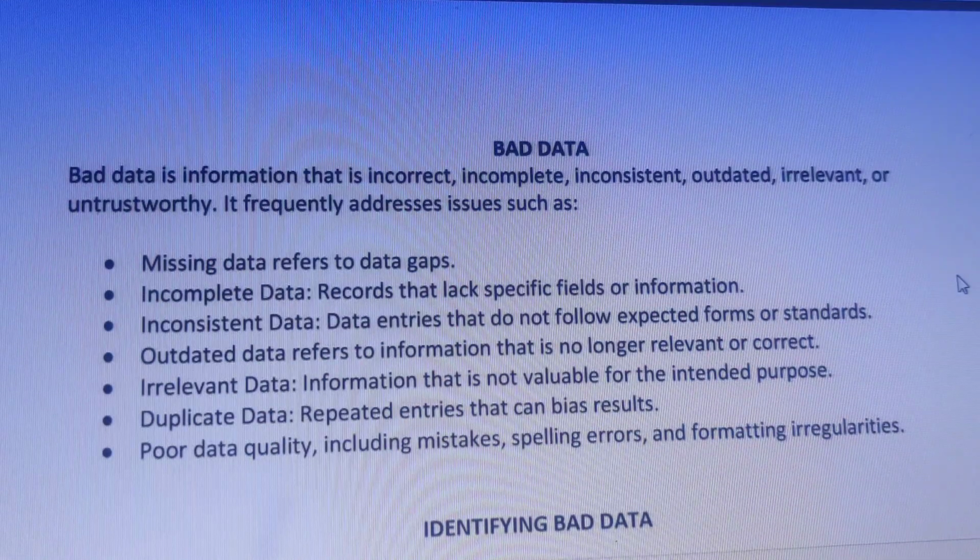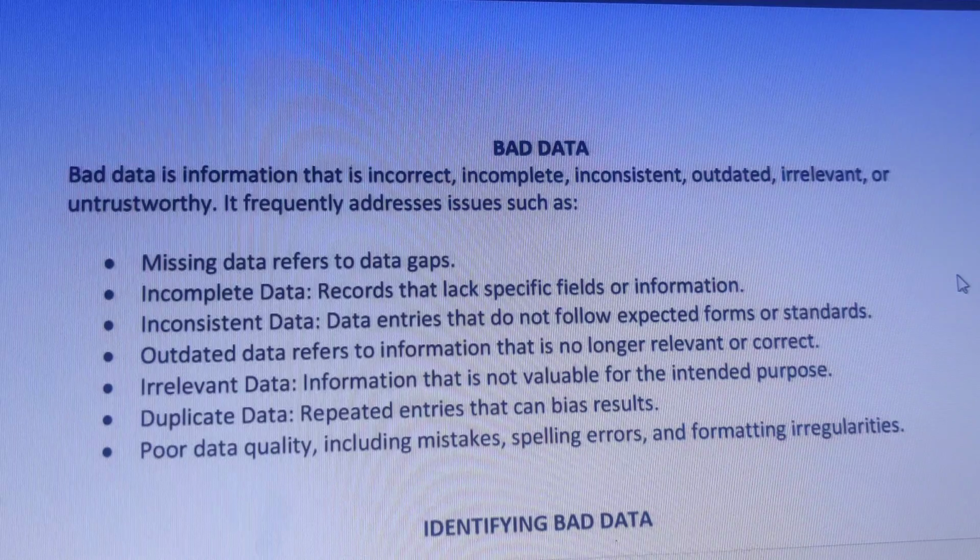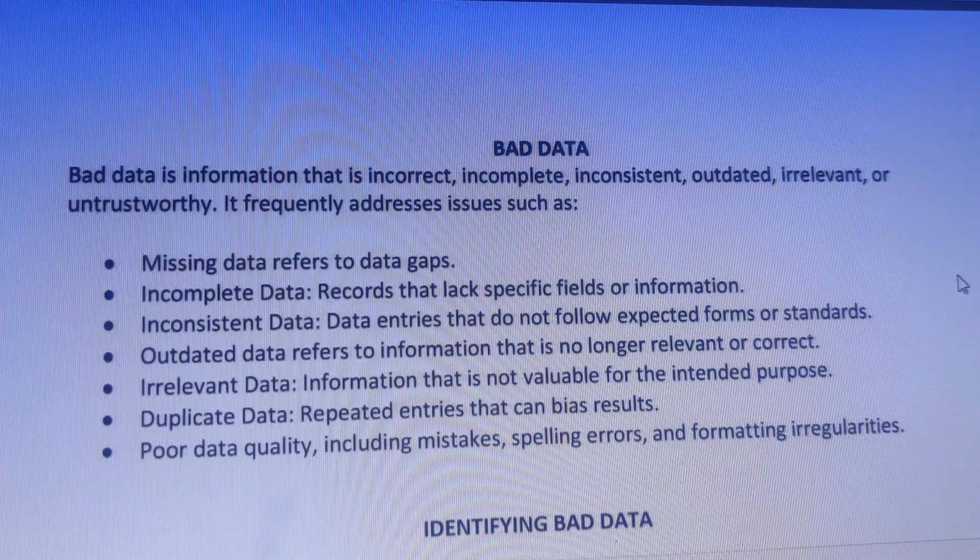So what is bad data? Bad data is data that is inconsistent, outdated, irrelevant. You cannot trust the data, it is incorrect. Some of the things that make data bad: it is incomplete, some values are missing, some records have not been entered. It is inconsistent, the format is incorrect.